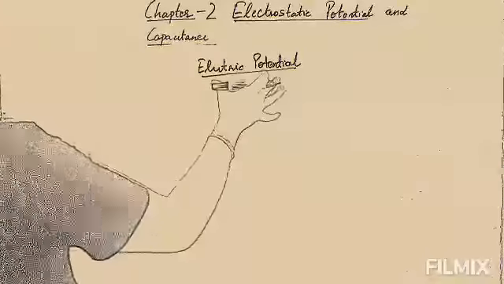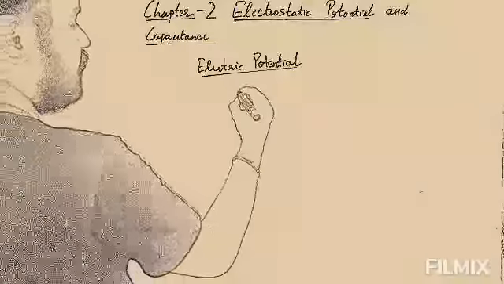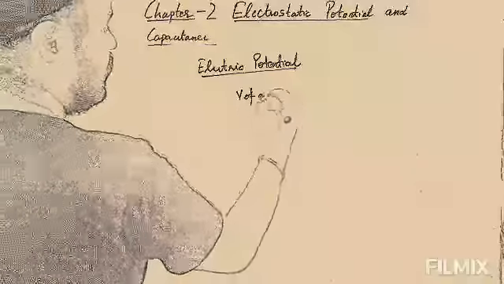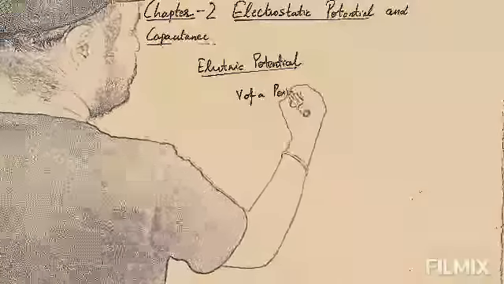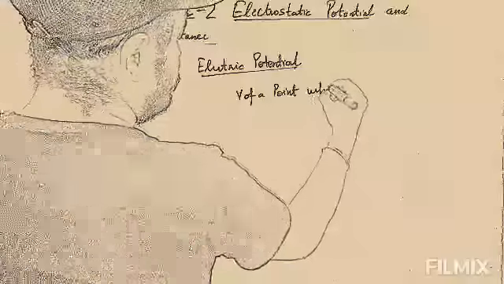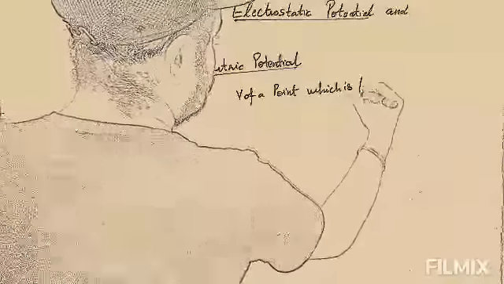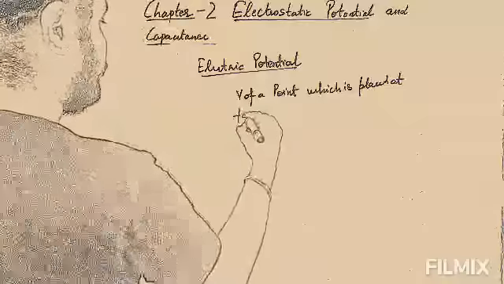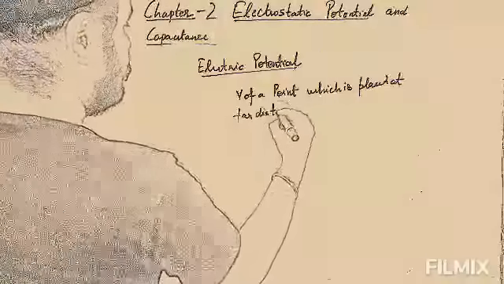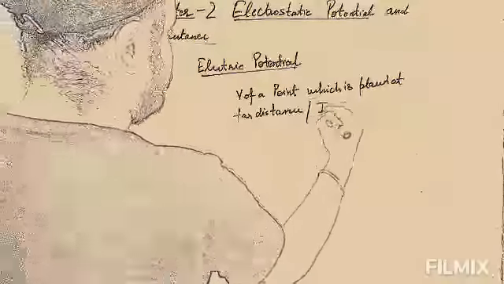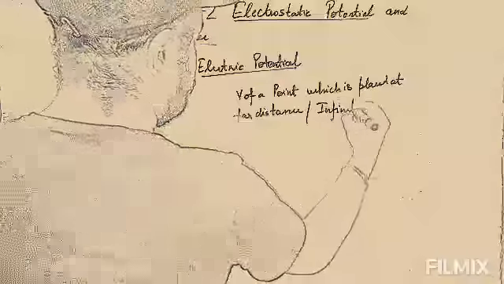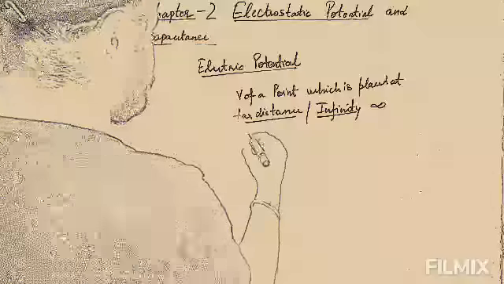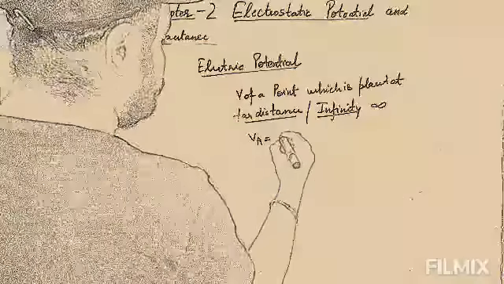When we talk regarding electric potential, firstly I will let you know the potential of a point which is placed at far distance. You can say it infinity. Then potential at that point will be 0.